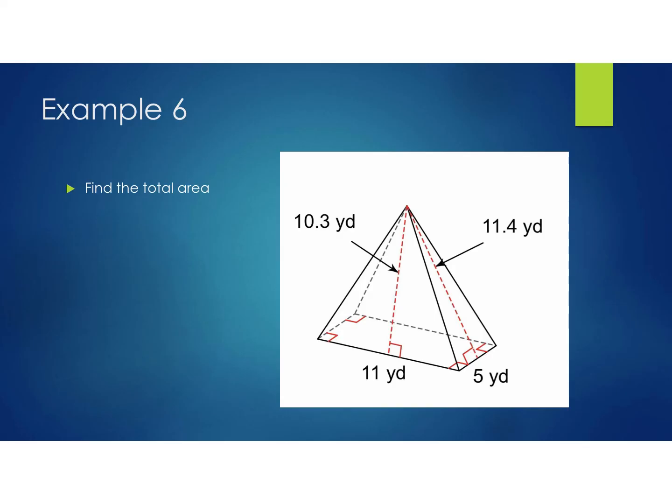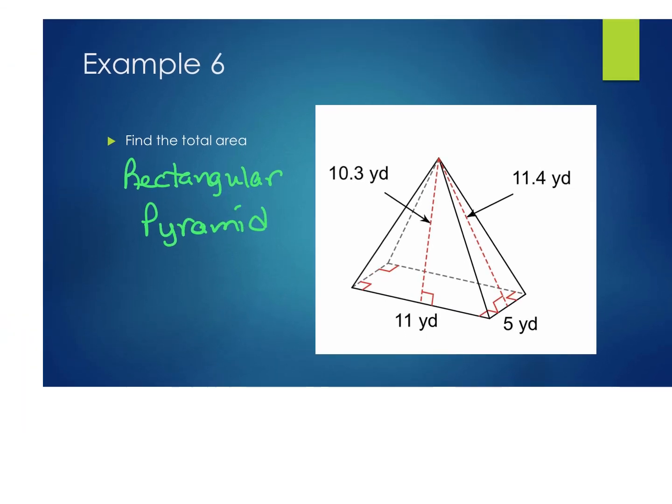So notice the base here is a rectangle. This one is a rectangular pyramid. It is not regular, so we cannot use the formula. What we're going to do is find all of the faces separately and add them up.